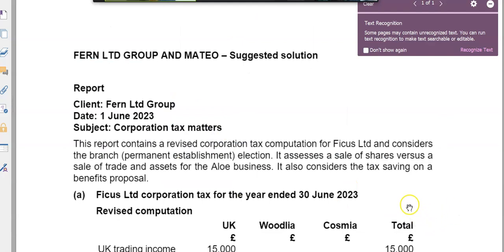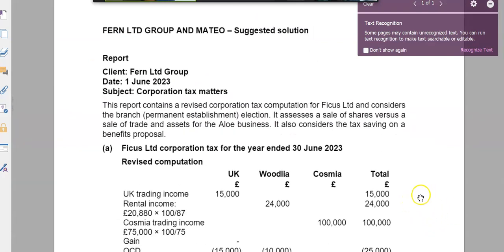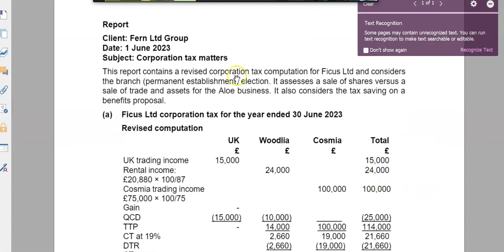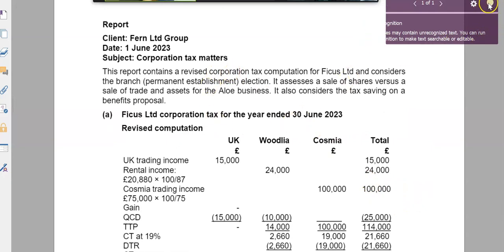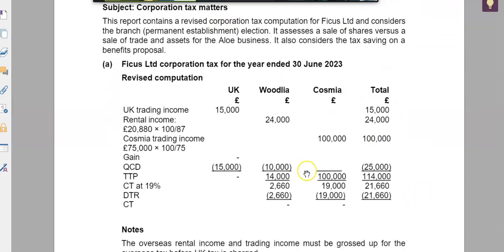Okay, here we are. This is the corporation tax computation, and the DTR is this.